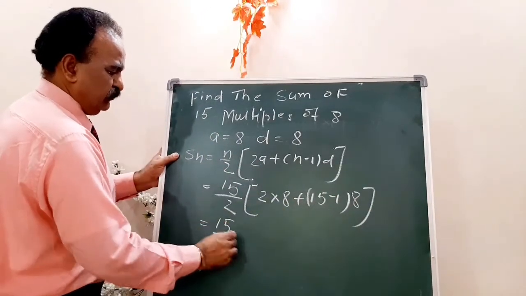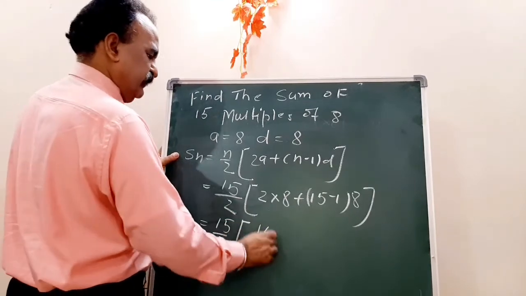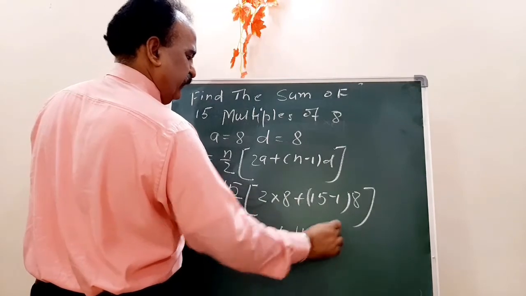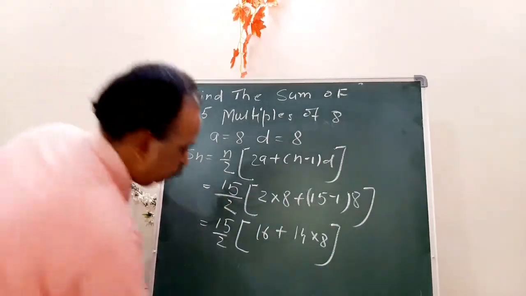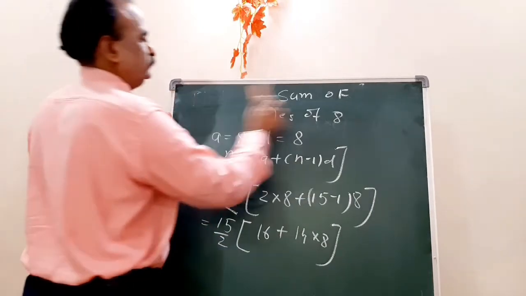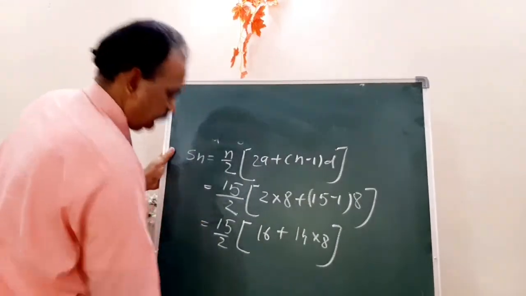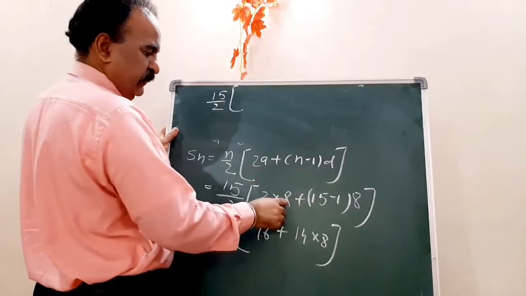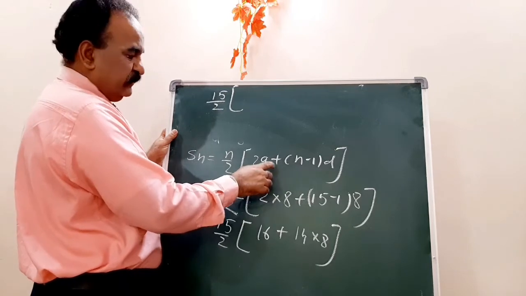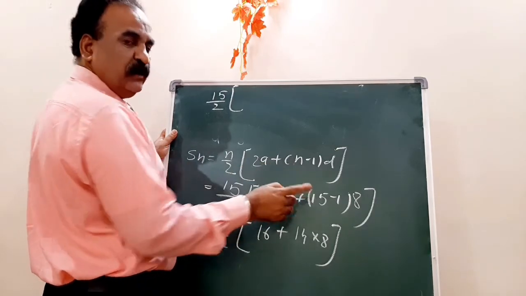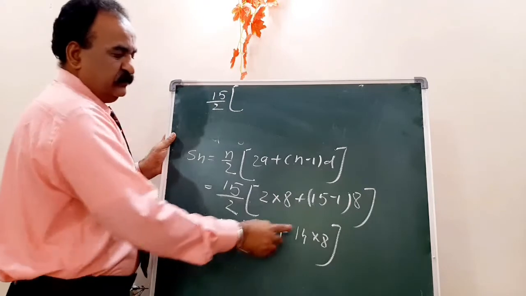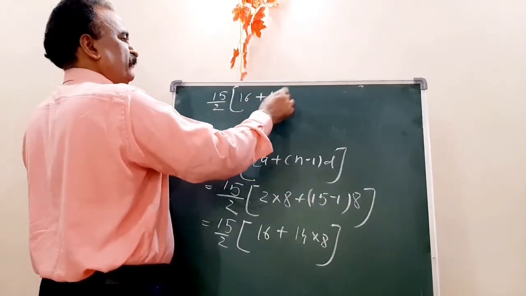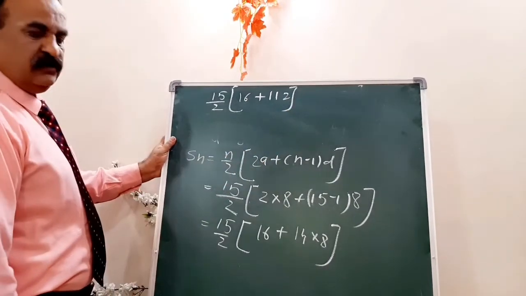So 15 by 2 into bracket 16 plus 14 into 8, 14 into 8 is 112. So 16 plus 112.